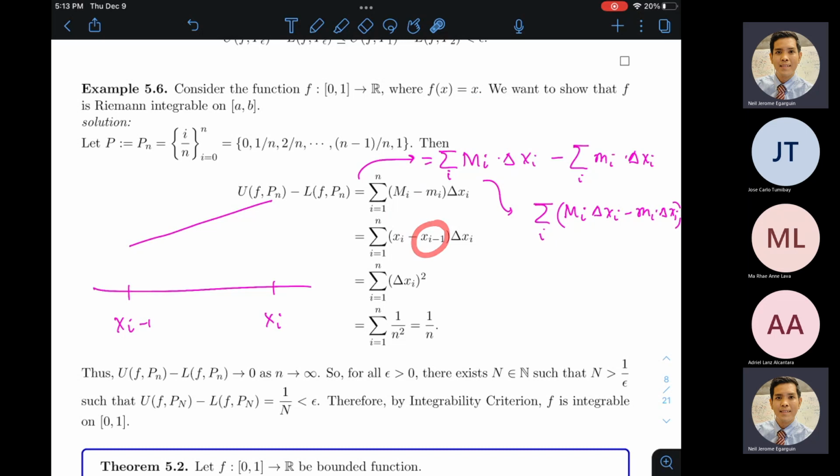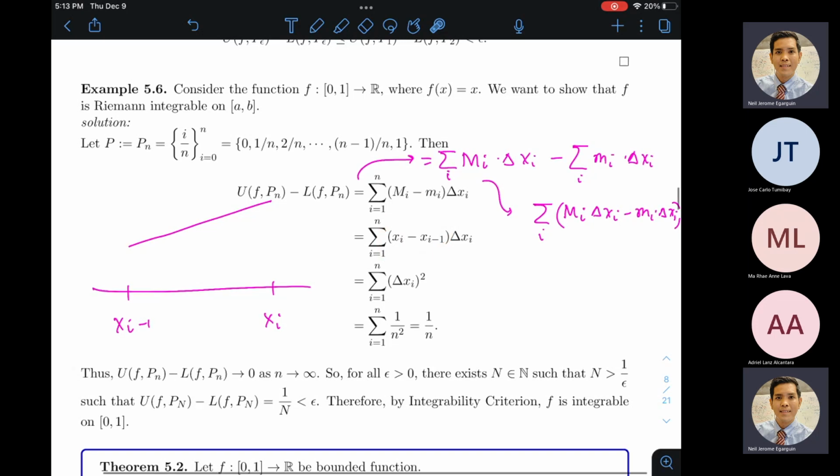Kaya naging x sub i minus 1 naman siya doon. Okay? And then x sub i minus x sub i minus 1 is basically delta x sub i. That's the length of the ith subinterval. And hence, we can simplify it to be the sum of delta x sub i quantity squared, i going from 1 to little n. Okay?